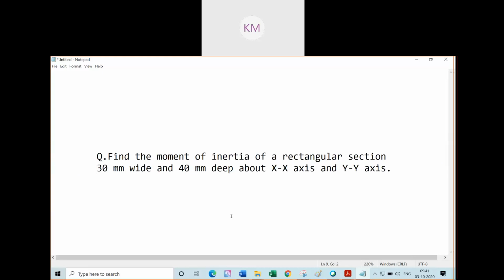Can you do the numerical? Try doing it out. Try solving the numerical.